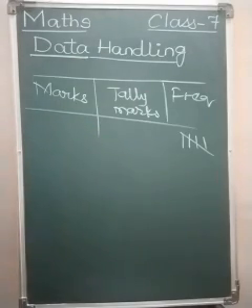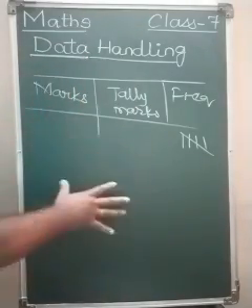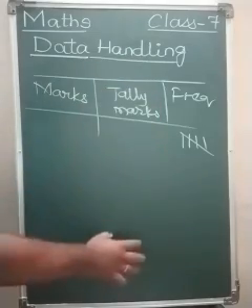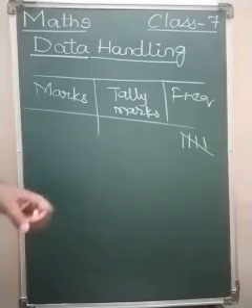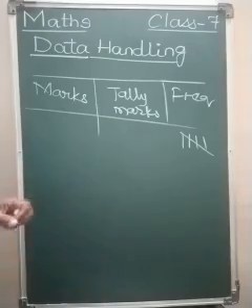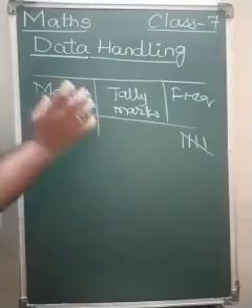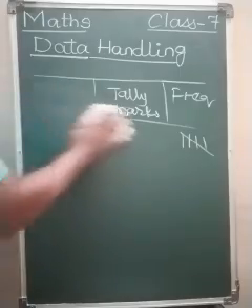When you arrange the given data, which is not organized, in a tabular form or in a frequency table, we call that organization of data. In 6th standard you learned only these 2 things, plus the pictorial representation of the data. Pictorial representation means representing the data in a graph form.